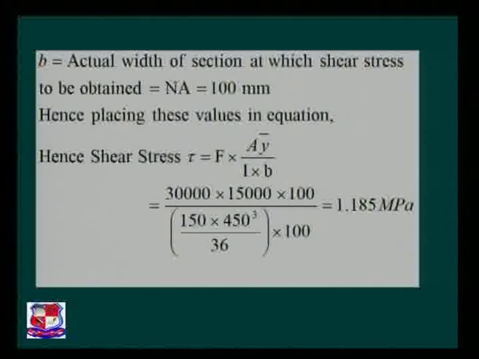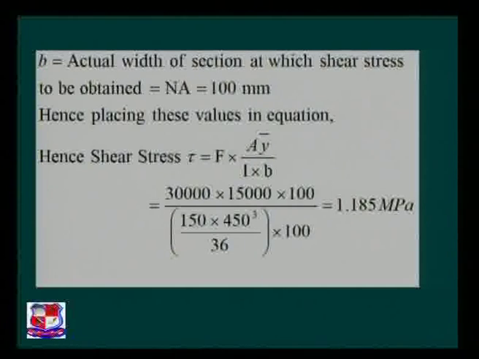So B, that is the actual width of the section at which the shear stress is to be obtained. Here the shear stress to be obtained at the neutral axis, and we found out the base width at the neutral axis is of 100 mm. Hence, placing these values in the equation, the shear stress tau is equal to F A y bar by I b. We know the F 30,000. We know the area 15,000.